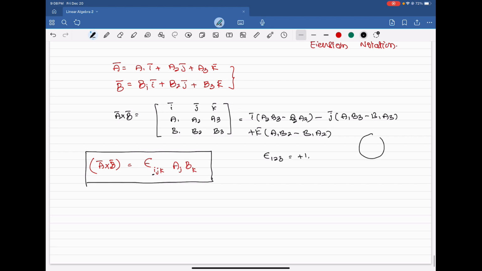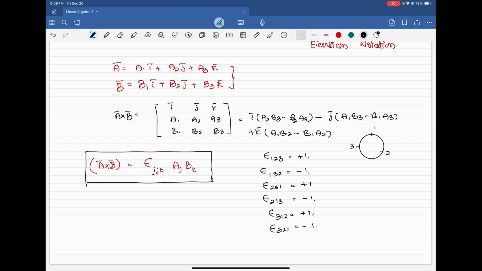This is the cycle, please remember: this is 1, this is 2, this is 3. Epsilon 1, 2, 3 is equal to plus 1. Epsilon 1, 3, 2 is equal to minus 1, in the reverse direction. Epsilon 2, 3, 1 is equal to plus 1. Epsilon 2, 1, 3 is equal to minus 1. Epsilon 3, 1, 2 is equal to plus 1. Epsilon 3, 2, 1 is equal to minus 1.